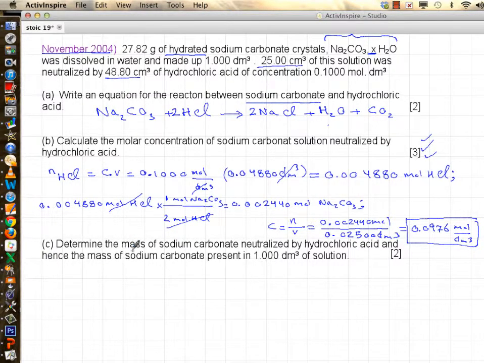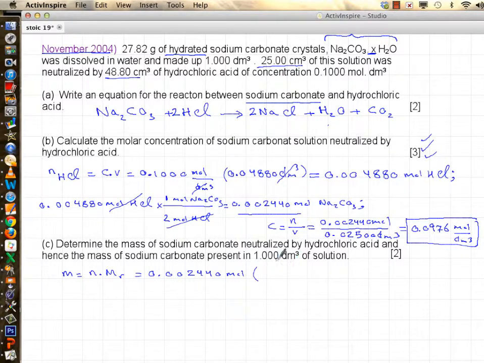Now determine the mass of sodium carbonate neutralized by hydrochloric acid, and then the mass of sodium carbonate in your 1 decimeter cube solution. So let's see what's the mass. Mass is simply moles times molar mass. Now the moles of sodium carbonate is 0.00244 moles.